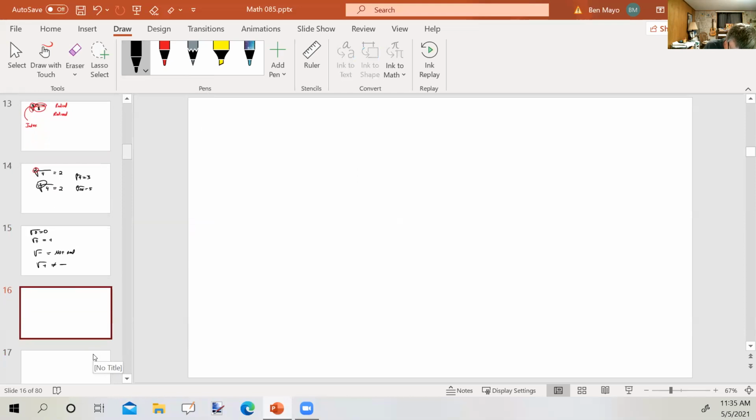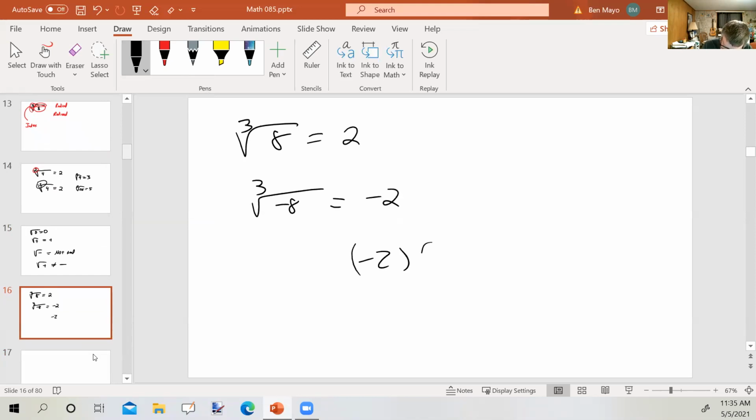For instance, the cube root of 8 is 2, but the cube root of -8 is -2 because -2 times -2 times -2 is -8. So you can take an odd root of a negative number and you can get a negative answer when you're taking an odd root. The restrictions have to do with even roots.